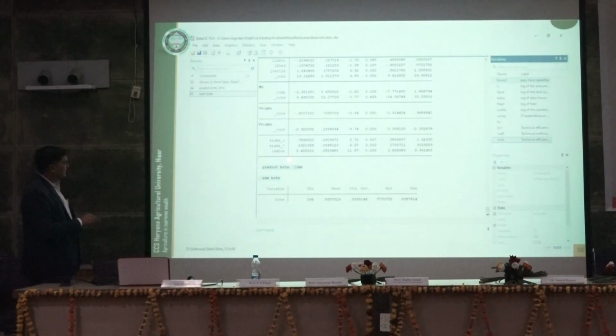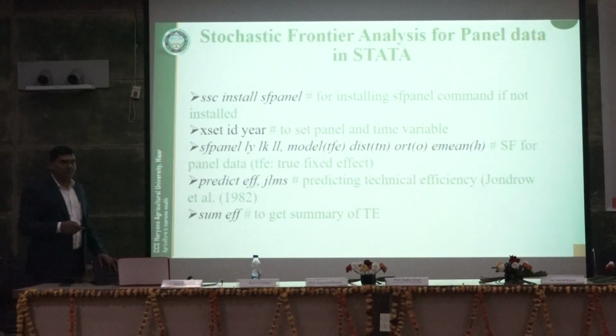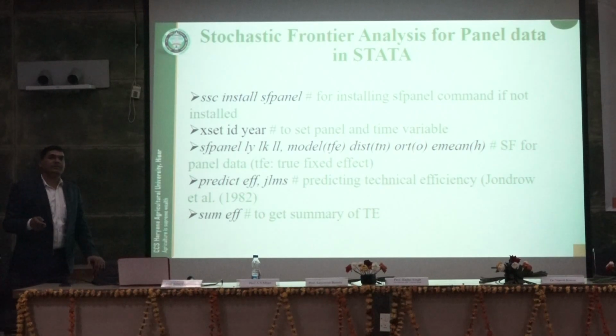You can check here from the editor button, the efficiency of the model, the list of the model. So this is all about the technical efficiency using the stochastic frontier model, and there are two commands. One is simply the frontier command, and the other is SF cross for cross-sectional data.